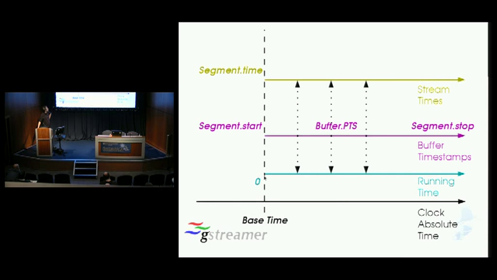Then for a certain buffer, I can use segment start, segment stop, and the rate to figure out a running time, at which I'll start doing synchronization. And then in some rare cases, the user-facing time, the stream time, will be different. That is also very important to remember when you do seeks, when you do position queries. It's the stream time that you're using.